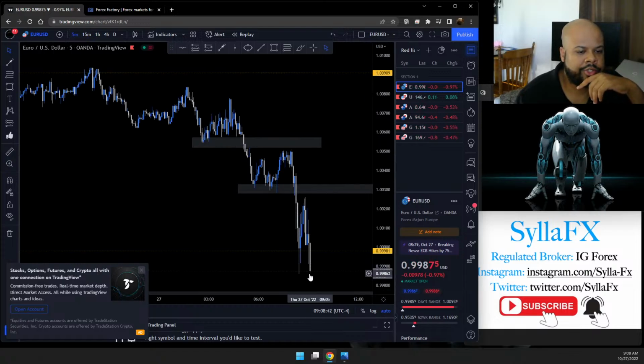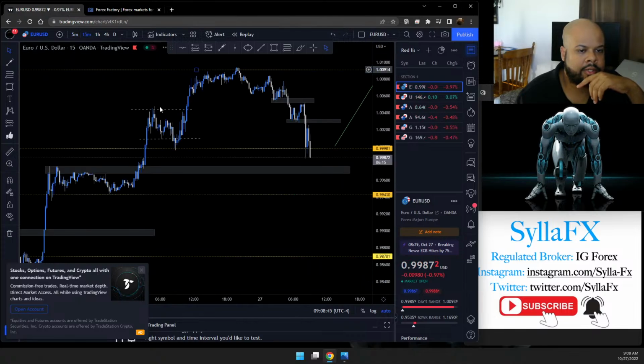It had a nice rejection here and has pushed all the way down to the bottom. I like this one too. Is this a buy?